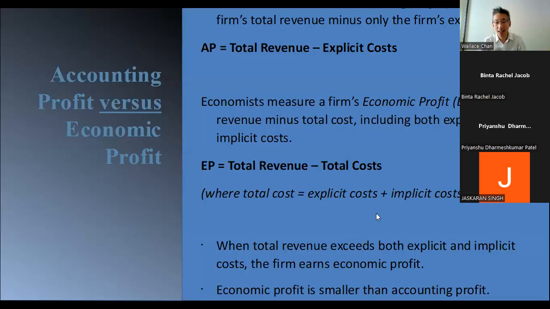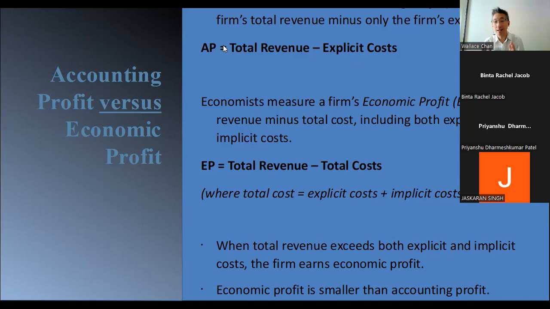Now that's why we also have a different concept regarding profit. From the accounting perspective, accountants don't calculate opportunity cost. They only look at how much revenue you get and what your expenses, costs are. The difference is the profit.